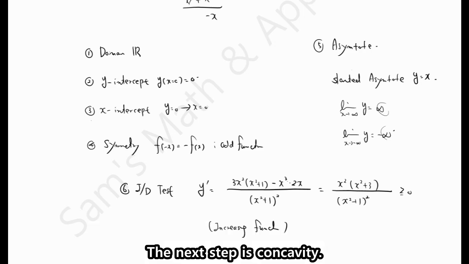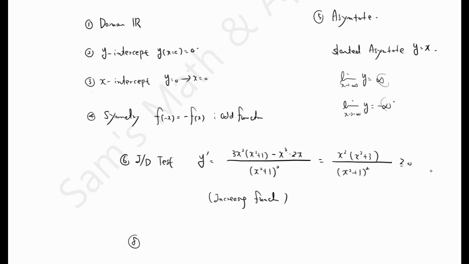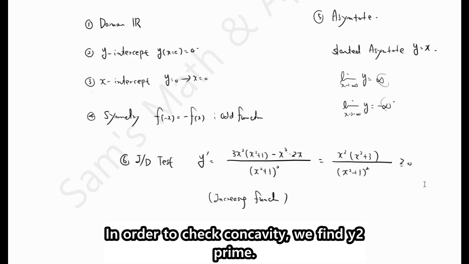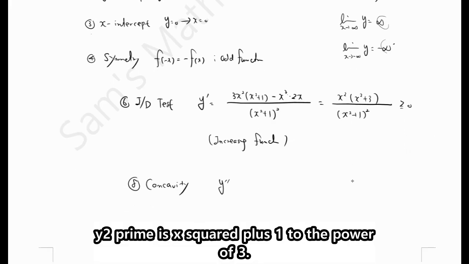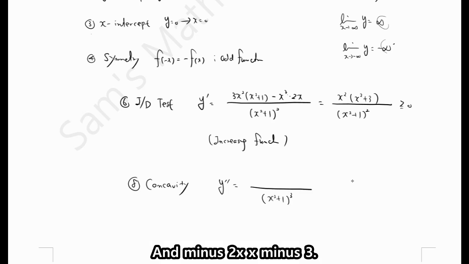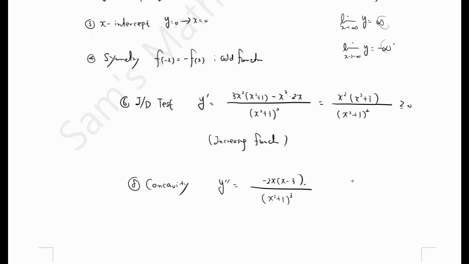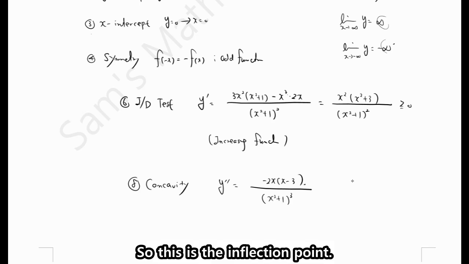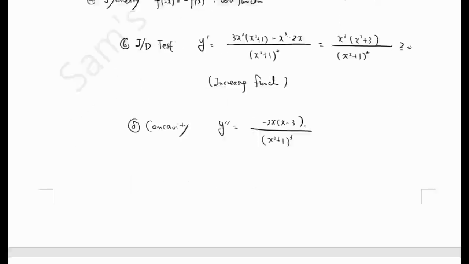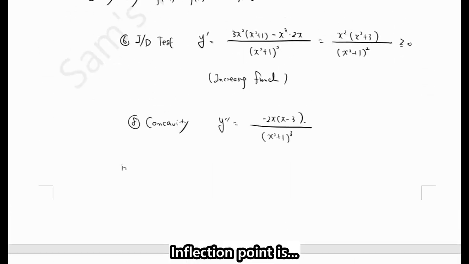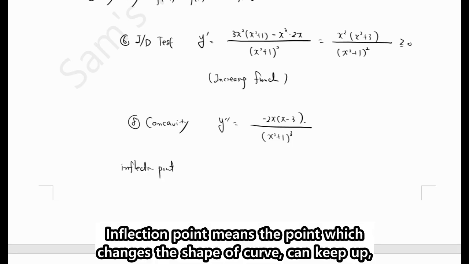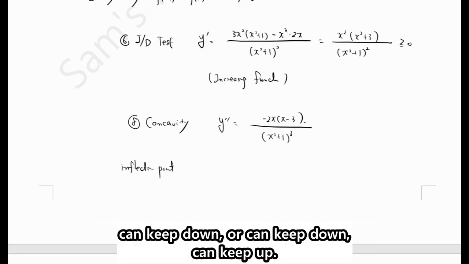Next step, we check concavity. In order to check concavity, we find the second derivative. y double prime is 2x times (3 minus x squared) over (x squared plus 1) to the power of 3. The inflection points are the points which change the shape of the curve, from concave up to concave down, or concave down to concave up.